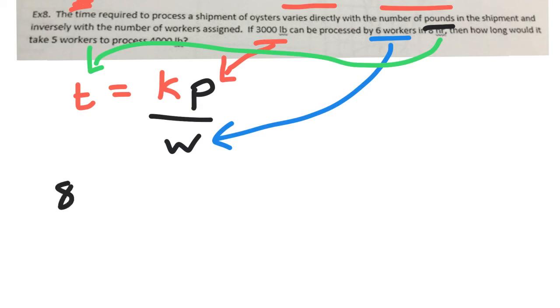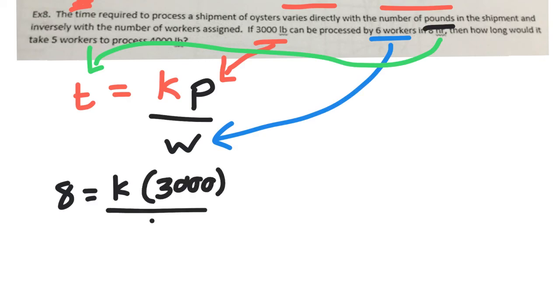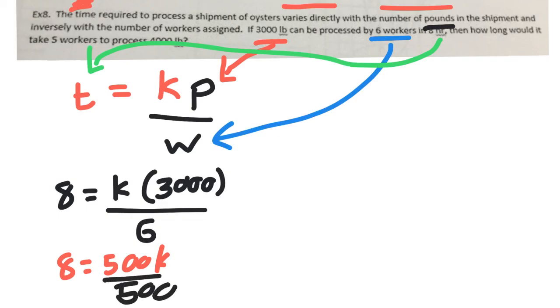So that would give me 8 is equal to K times 3,000 divided by 6. 3,000 divided by 6 is 500. So 8 equals 500K. I would divide by 500. And that tells me K is equal to 4 over 250, 2 over 125.